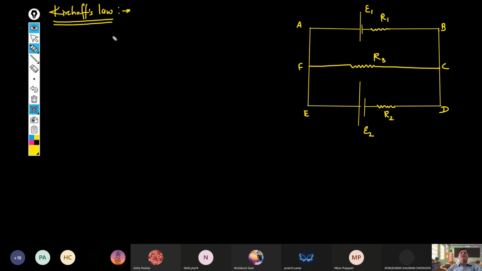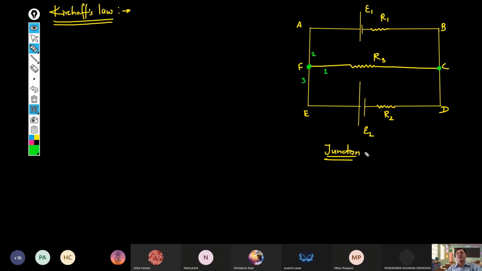Okay. Now, first of all, what is a junction? See, in this electric circuit, there are 2 points, and these 2 points are F and C. You can find there are three branches. This is 1, 2, 3.